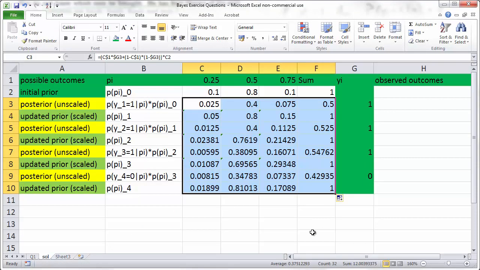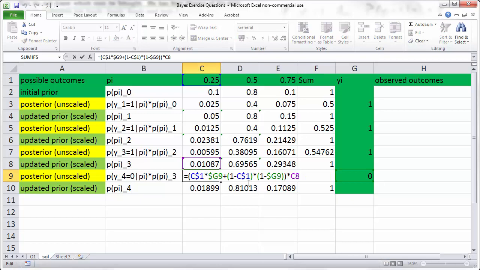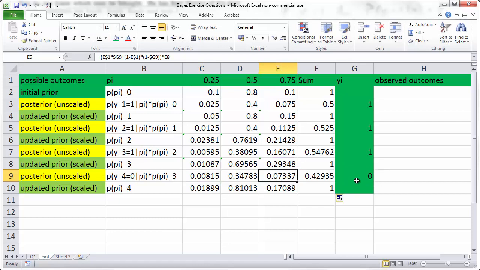And now we just copy this down. And of course, whenever you do that in Excel, you should convince yourself that the copied formulas still do the right thing. So they calculate the likelihood, that's the first two summands, and then multiply with the prior from the previous round, and that works for all probabilities. That's fine.